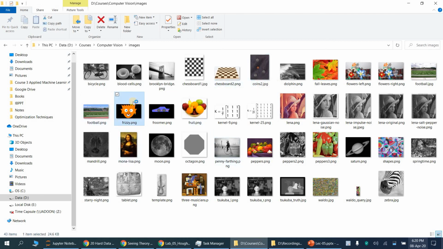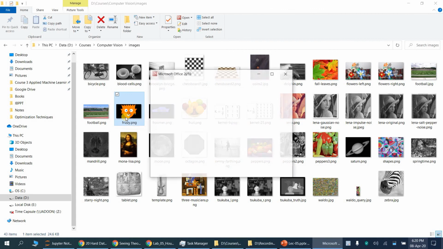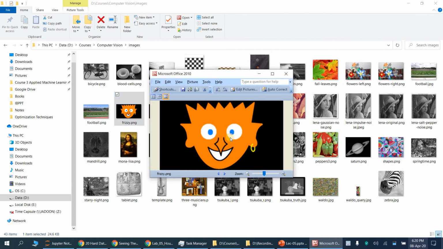This is interesting. Maybe you can take this Frizzy, and it has got two eyes. Maybe they are circles, and the eyeballs, I don't know. Let the image open, and then we will see. So use this one. I'm not sure if the eyeballs will come as circles or not, but the outside is perfectly a circle. So you should detect at least two circles from the Frizzy image. So try to detect it.